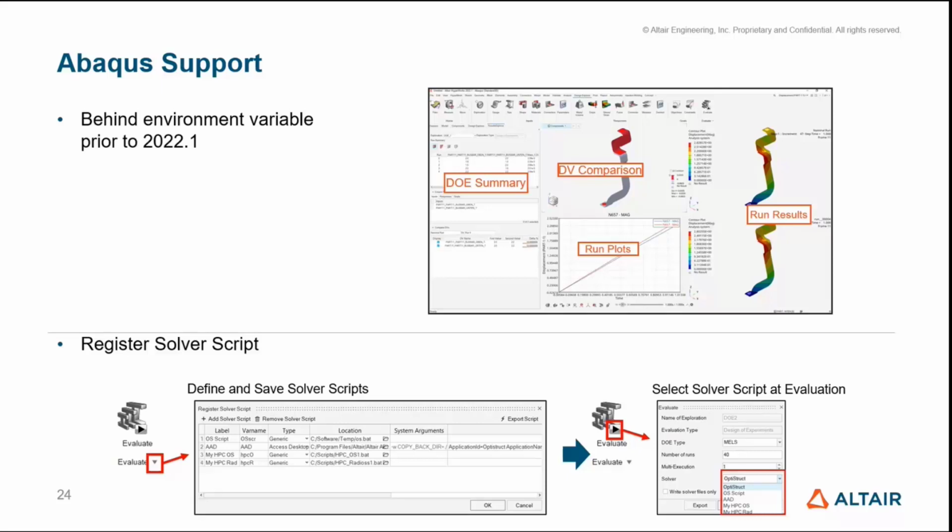You can see a look at it on the bottom. It's very similar to what you would do, for those who might be aware of HyperStudy, in the same kind of scenario to register solver scripts. So it's a similar workflow if you're familiar with that, but you can register your custom solver scripts to point to Abacus or any of the other solvers.